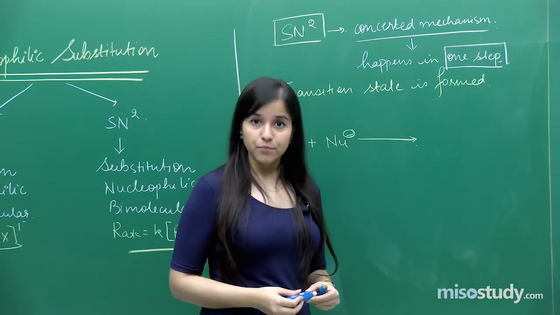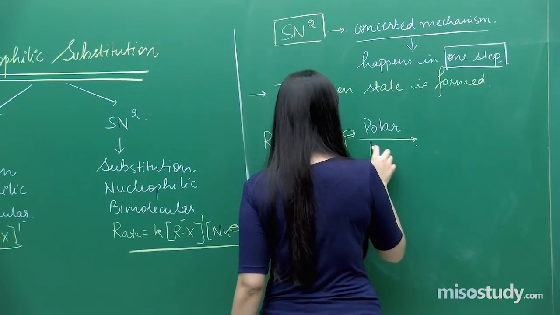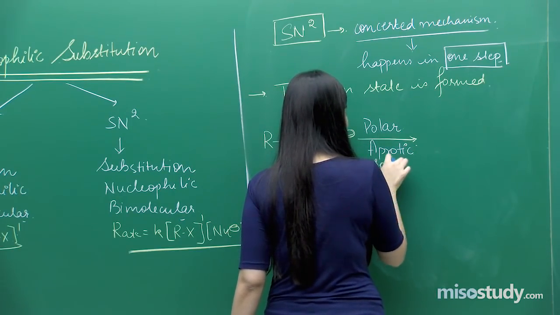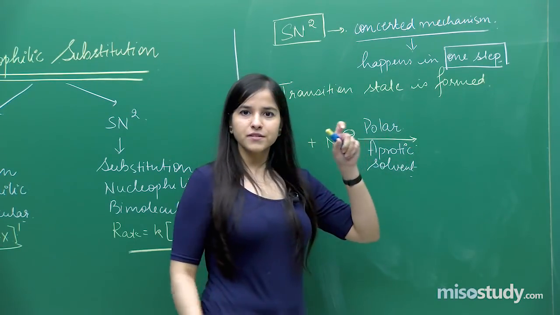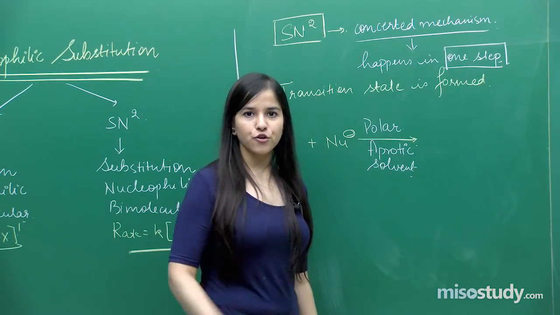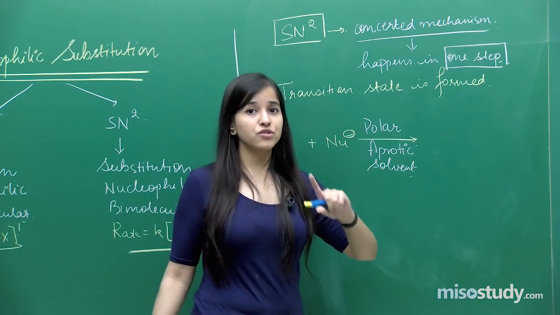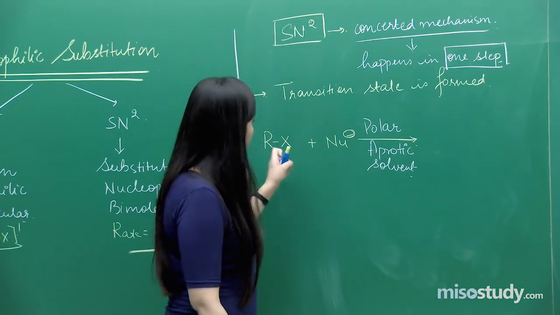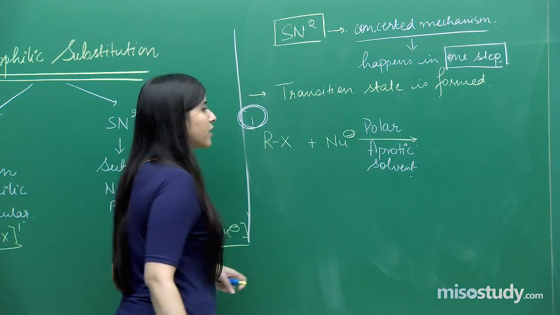A polar aprotic solvent, right? Now you can judge very well. Why polar? Because it has polarities. Why aprotic? Now I don't want any liberation of H plus ions, right? So that is why I am taking the one which is aprotic, which does not donate H positive ions. Fine. What do we get? So that is a one step process, only and only one step process.